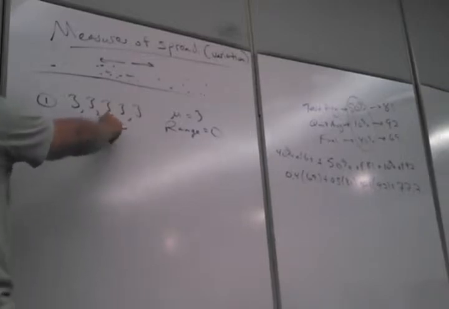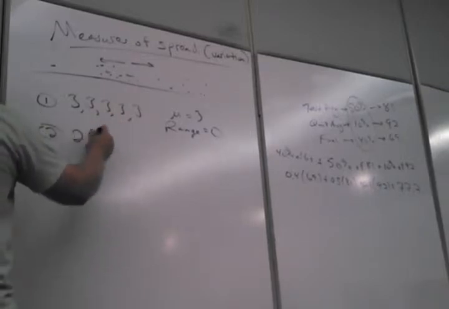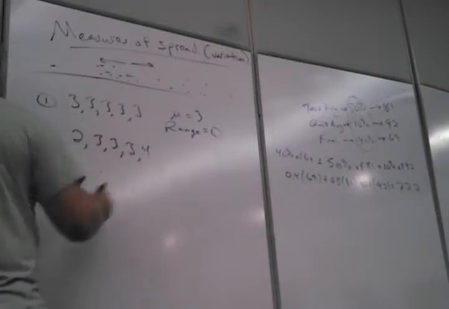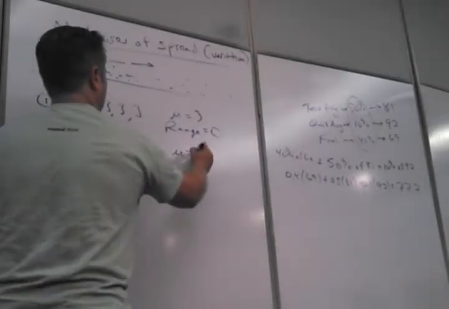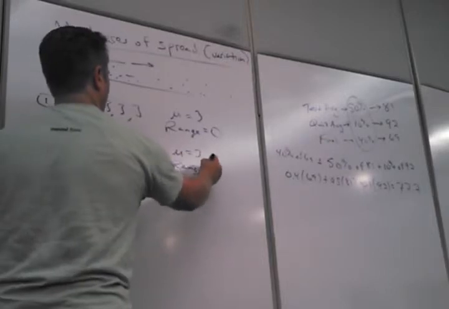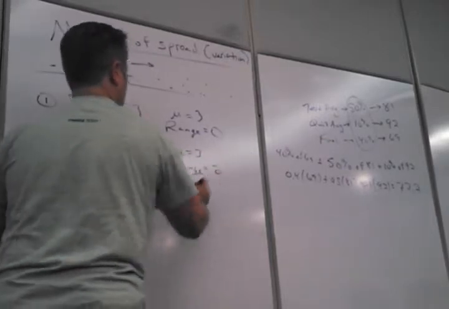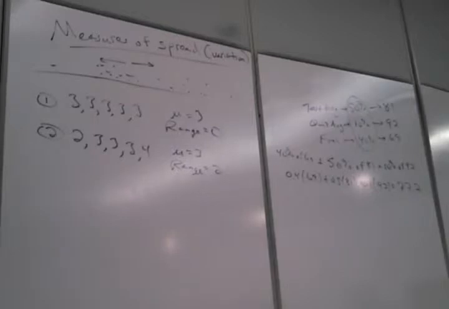Another way to make an average of 3 would be to do this. That's still going to be an average of 3, because it still adds up to be the same number, right? So the average is 3. What's the range? 2. Now stay with me.